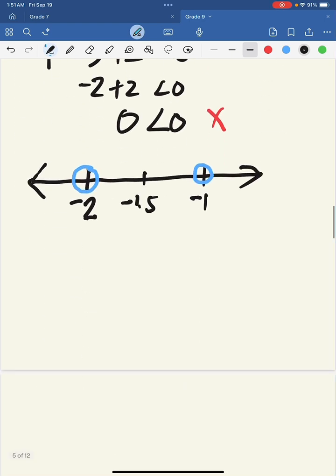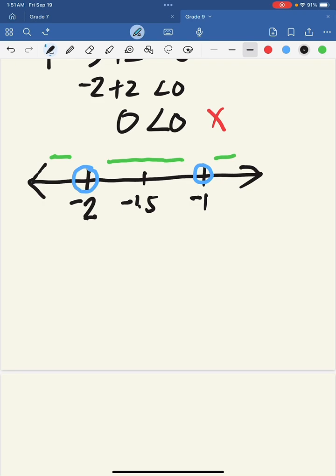To check what will work, we are going to try either the numbers between negative 2 and negative 1, or the numbers after negative 1, or the numbers before negative 2. So let's try first, to make it safe, just the numbers between negative 2 and negative 1.